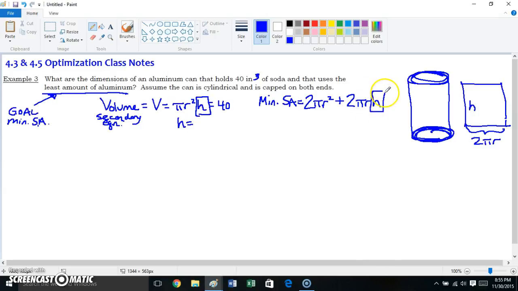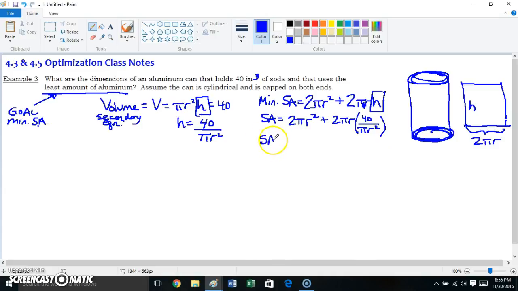Okay, there's my h that I would like to replace so that I have an equation in terms of one variable. So let's go back to our volume equation. Solve for h and write our new surface area equation: 2 pi r squared plus 2 pi r times 40 over pi r squared.